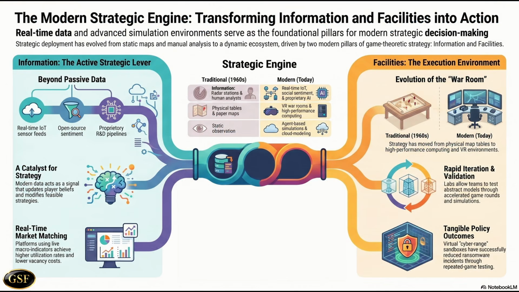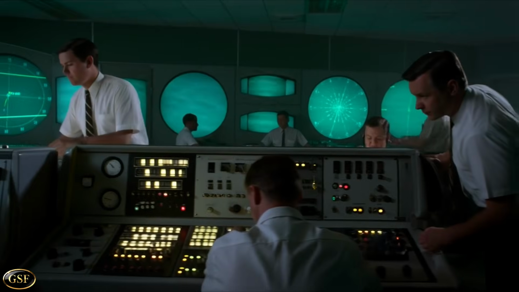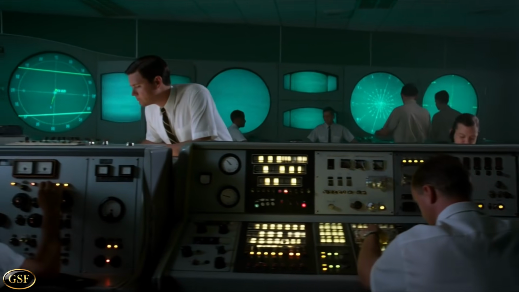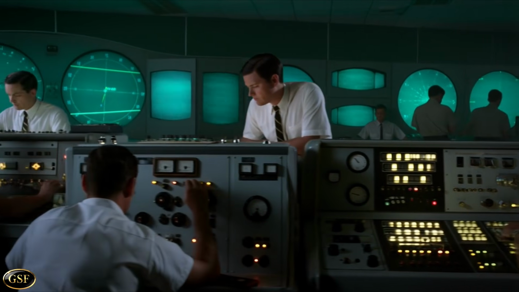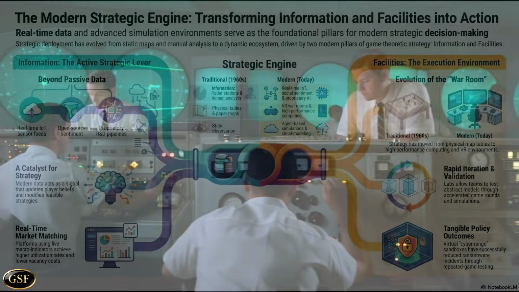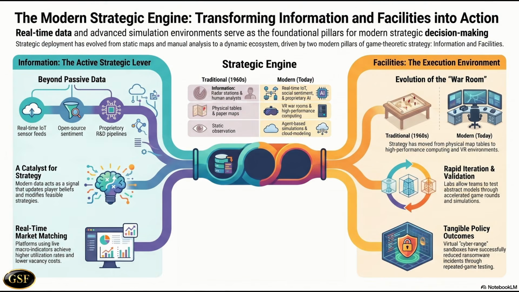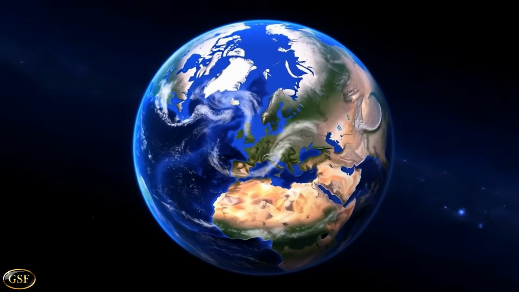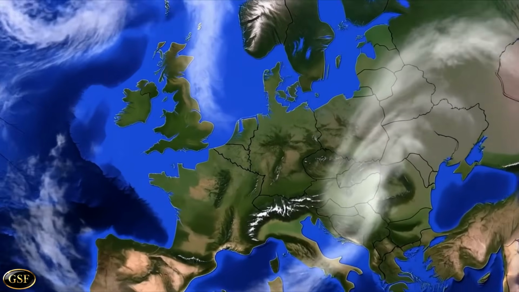Information, from open data to real-time intelligence. The second resource we're going to look at is information. In the 1960s, the radar stations and human analysts formed the information pool. Today we have open-source data like government statistics, satellite imagery, and social media sentiment.